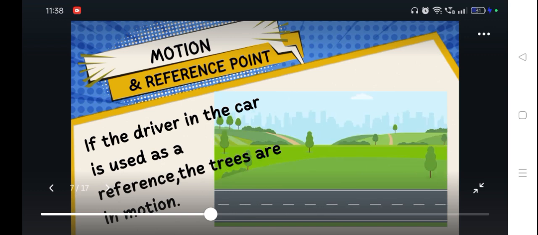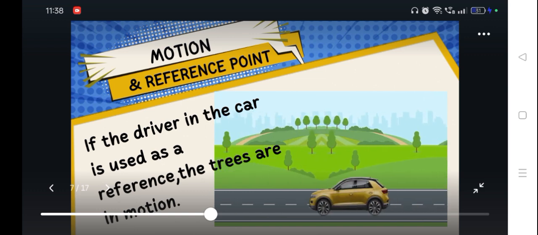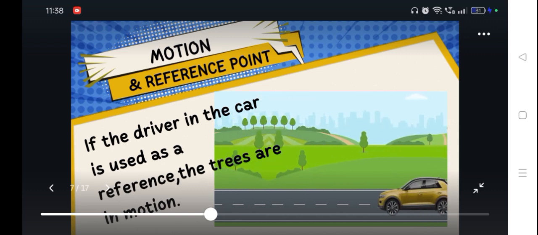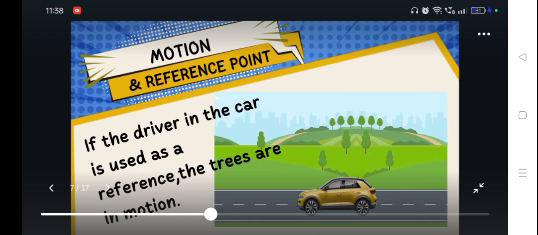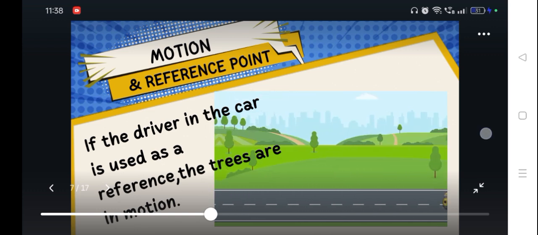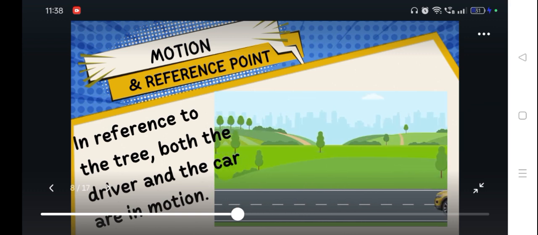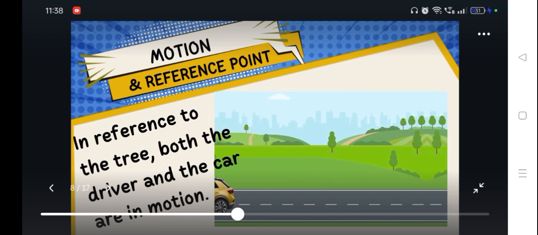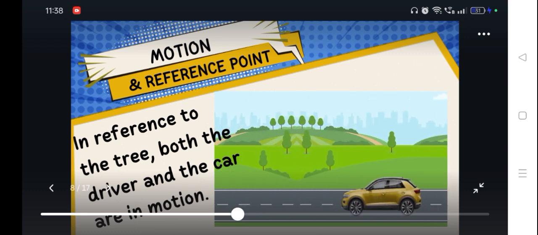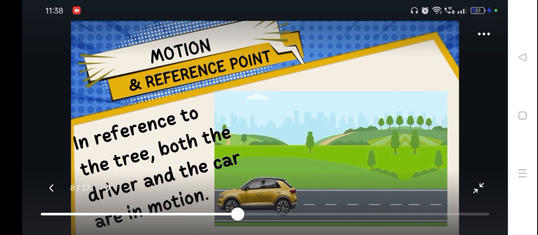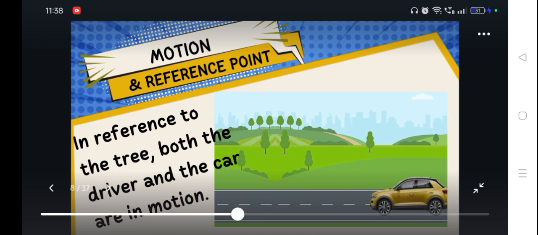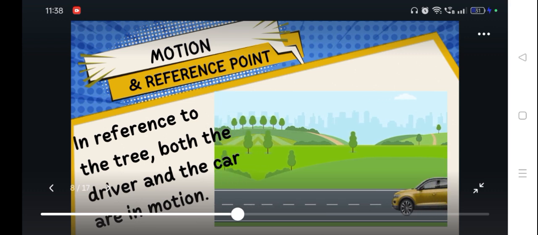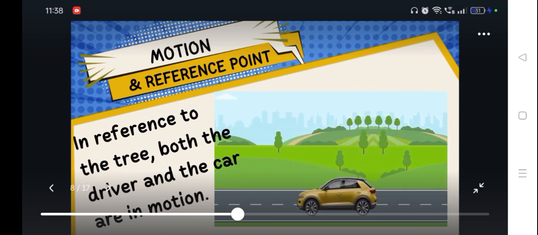Based on the driver's own perspective, what he sees outside are the trees that are moving and not the car. But in other references, like using the tree as a reference point, it could be both the driver and the car that are in motion. In other words, it is the car that is moving farther away from the tree.